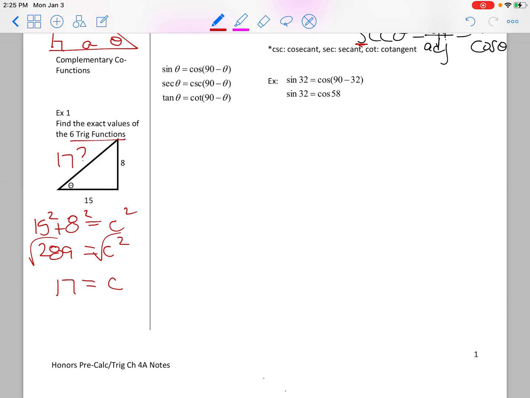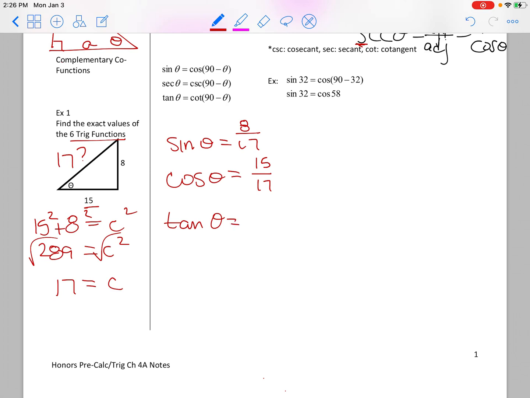So I need all 6 trig functions. That means I need the sine of theta, the cosine of theta, and the tangent of theta. I'm going to start with those. Sine, you remember, is opposite over hypotenuse, so that's 8 over 17. Cosine is adjacent over hypotenuse, which is 15 over 17.